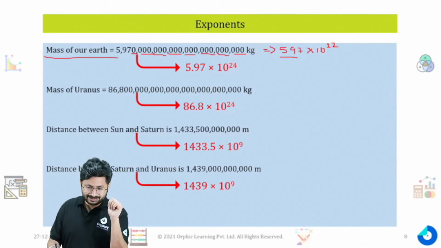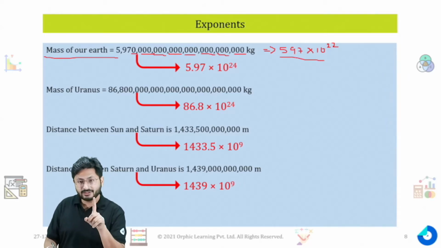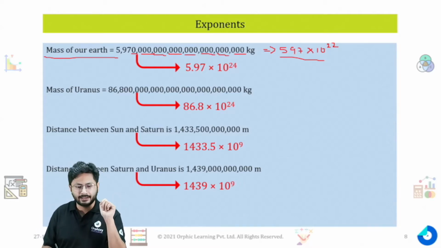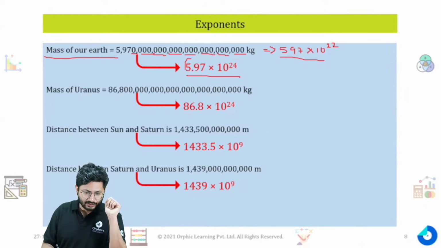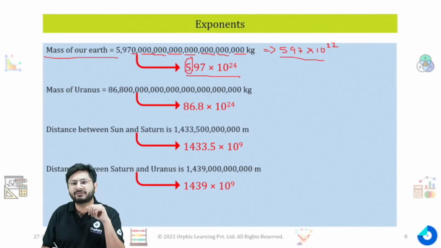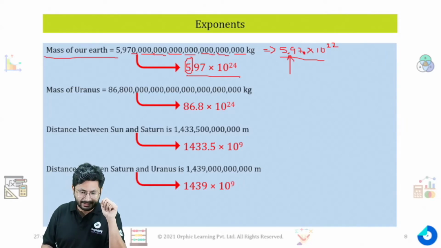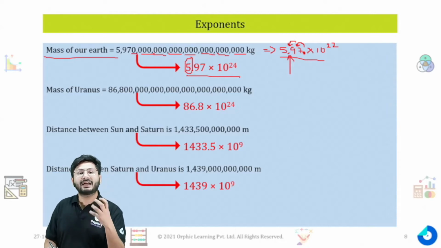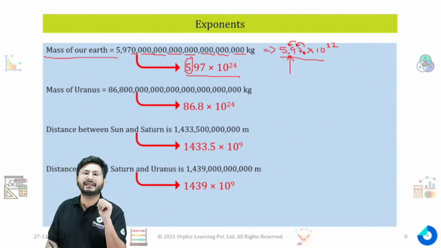Okay, now this is still not the standard form. The standard form is where there should be only one digit before the decimal. For example, this one, there should be only one digit on the left of the decimal. If I have to apply the decimal here, where is the decimal right now? The decimal is here. The number of times I shift the decimal to the left-hand side, that many will be added to the power of 10.